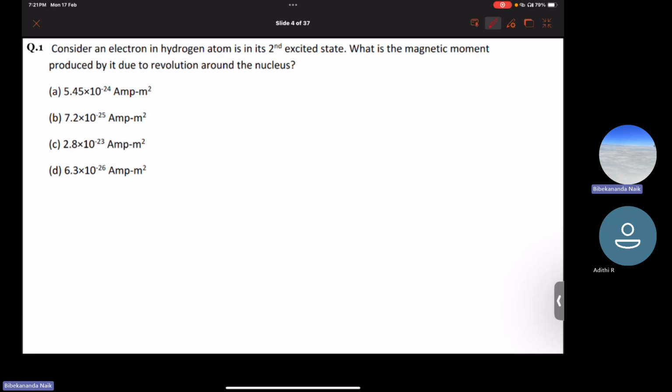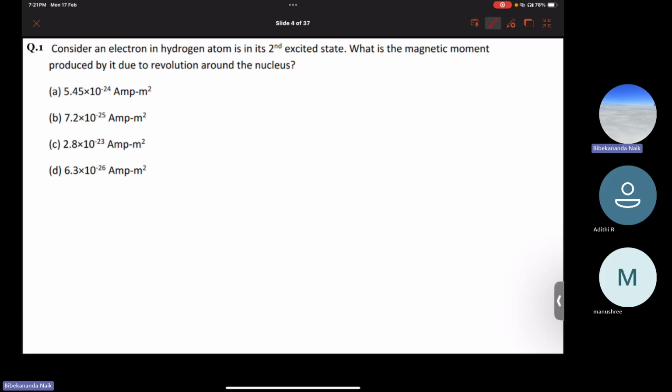Now, consider question one. It says consider an electron in hydrogen atom in its second excited state. What is the magnetic moment produced by it due to revolution around the nucleus? Option A, 5.45 into 10 to the power minus 24 ampere meter square. Option B, 7.2 into 10 to the power minus 25 ampere meter square. Option C, 2.8 into 10 to the power minus 23 ampere meter square.